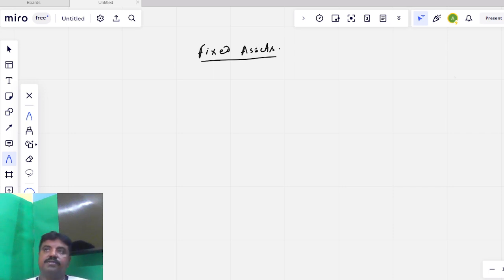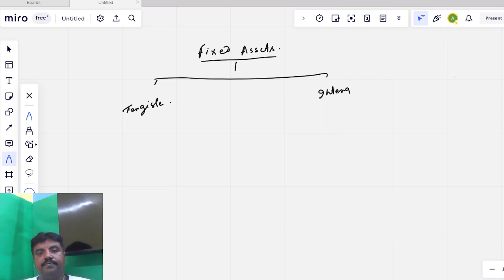Now these fixed assets are of two types. One is tangible fixed assets, and another is intangible fixed assets. Tangible fixed assets are those assets which are visible, which you can touch. For example, building, machine, furniture.